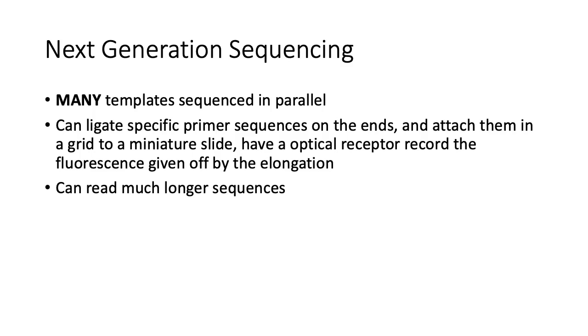And every time a base gets added on to the chain of nucleotides, it fluoresces. So what you have is a grid of specific points of DNA, and each one of these grid points fluoresces intermittently as a new base gets added on.